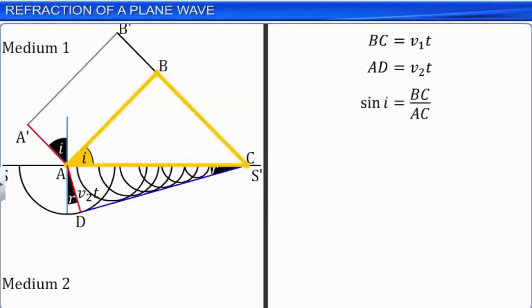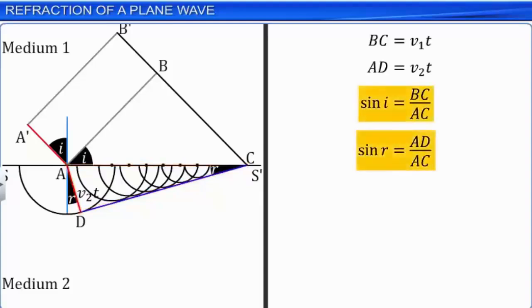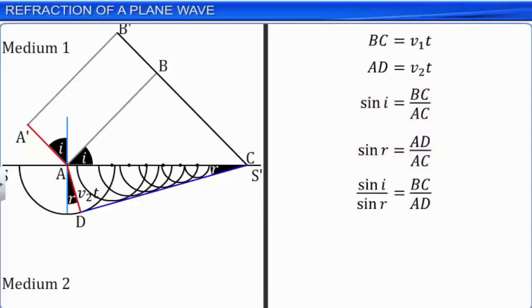Similarly, as the angle ACD is equal to R, from the triangle ACD we have sin R equal to AD by AC. From these two equations, we get sin I by sin R equal to BC by AD. On substituting the values of BC and AD in the equation, and on further simplification, we get sin I by sin R equal to V1 by V2. Let this be equation 1.